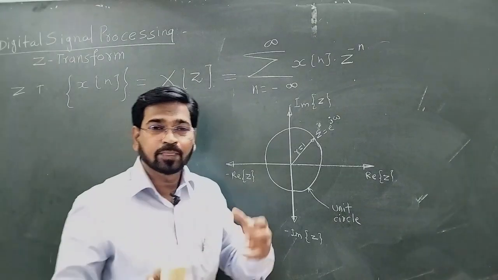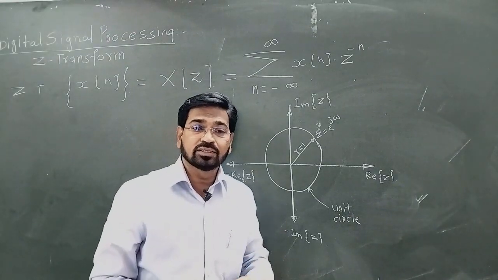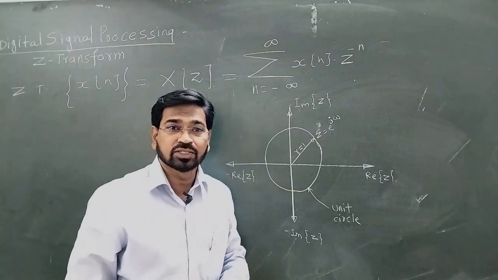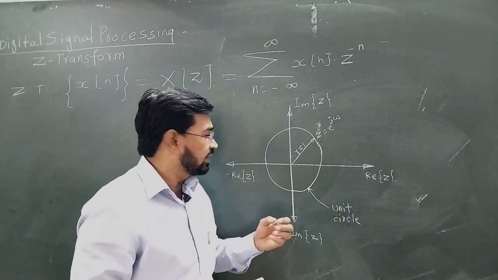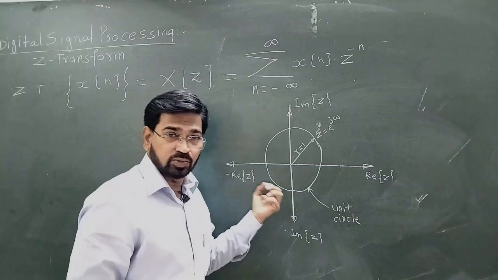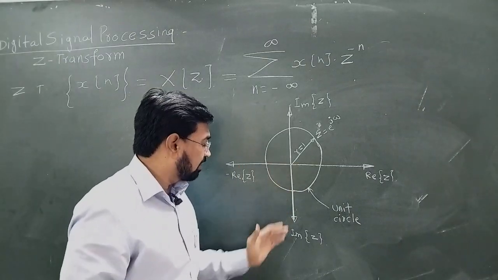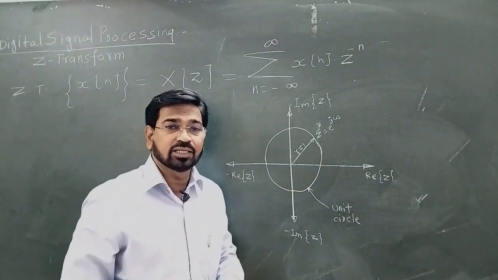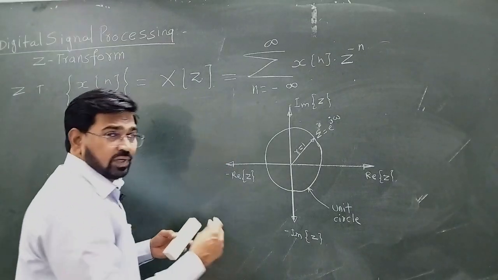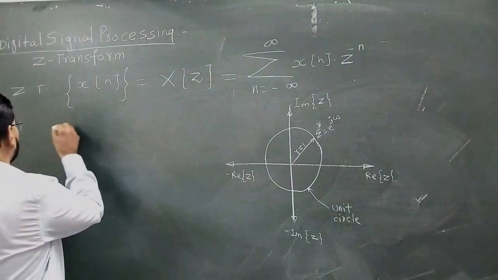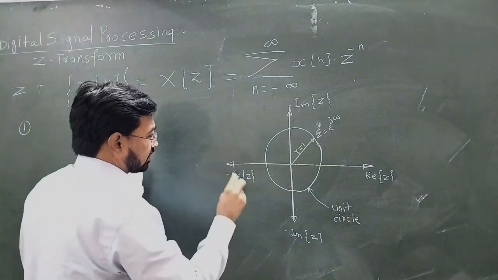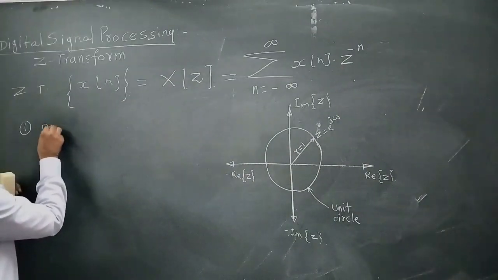When we design digital filters and digital systems, at that time when we obtain the transfer function of the system, we get poles and zeros. By locating the poles and zeros on this Z plane, we can predict the behavior of the system. First case is if poles of the system lie inside the circle.